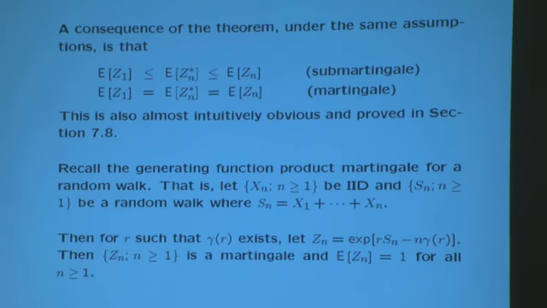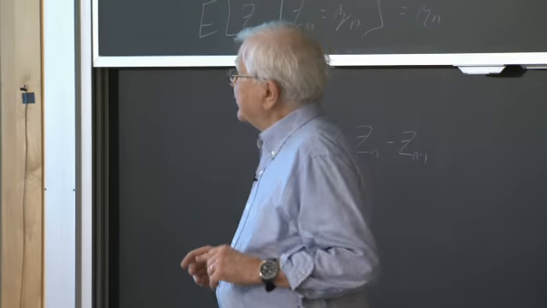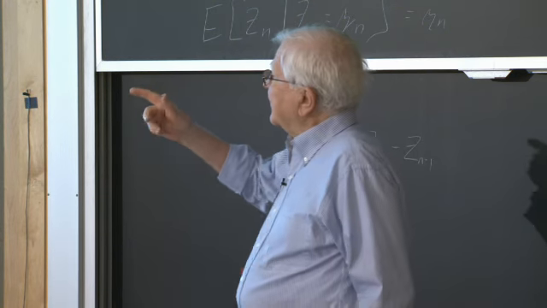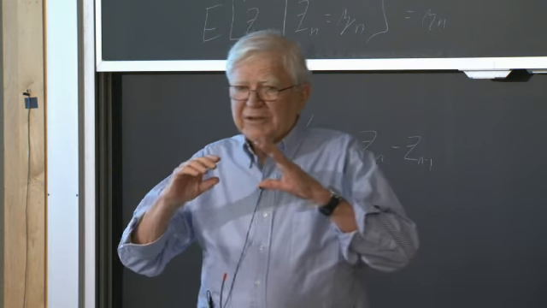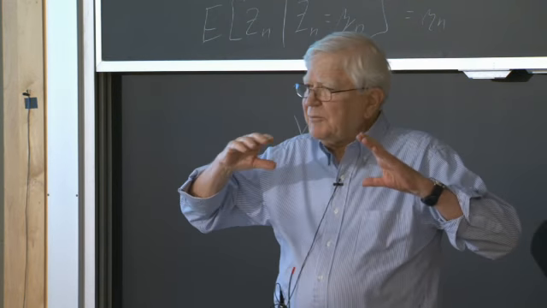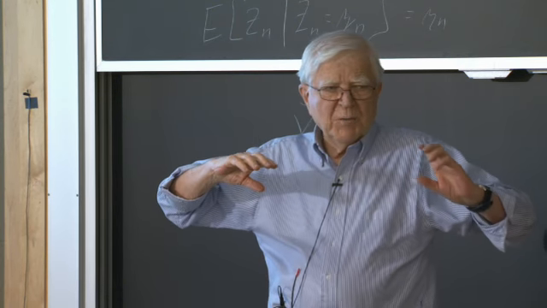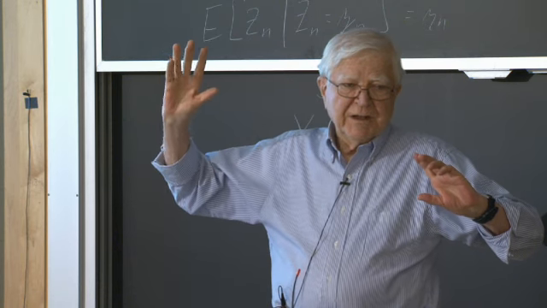A consequence of the theorem is that for submartingales, the marginal expected values of the stopped process lie in between the expected value of Z1 and the expected value of Z sub n. In other words, when you take the stopped process, it in some sense is intermediate between what happens at time 1 and what happens for the original process at time n.